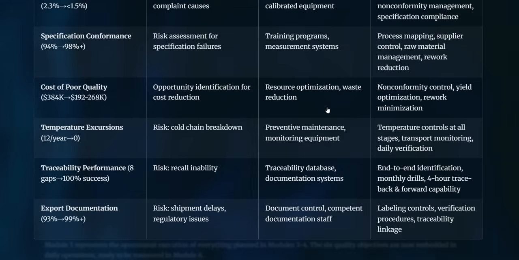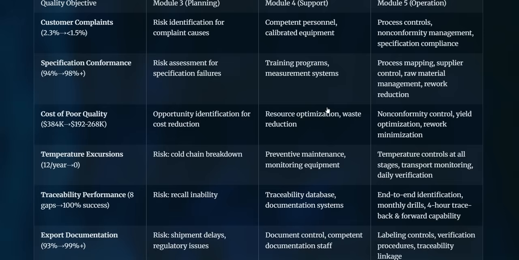Our fifth objective is traceability performance. Currently, our organization has 8 gaps per year, and we are targeting a 100% success rate of traceability tests and to sustain it, and we are going to do it together. In Module 3, planning, a risk has been identified, which is recall inability.